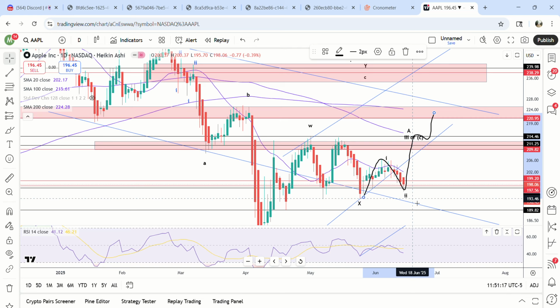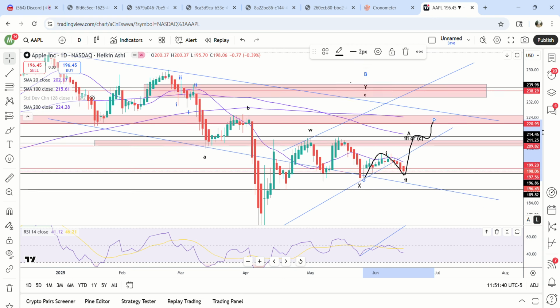So get everybody bearish. There's World War III coming, and then use that to push everything higher against that sentiment. Because now everyone's going to be really cautious, and then stocks take off, and then all of a sudden people are chasing at the top. And then we get the real bear move after that. So that's my thoughts on Apple.